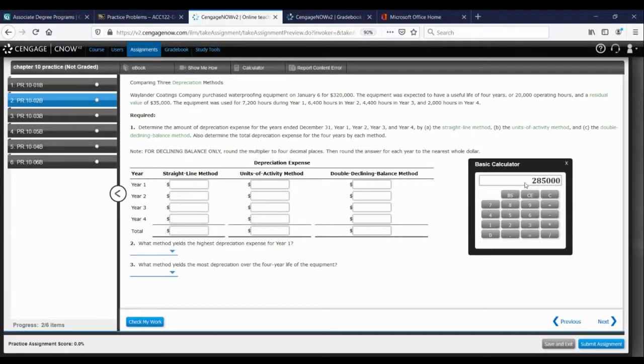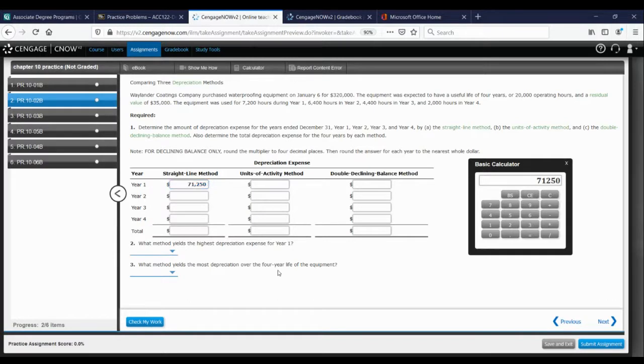So what I'm going to do is take the depreciable value and divide it by the useful life, which is 4 years, and that will give me an equal amount of depreciation, $71,250 each year.